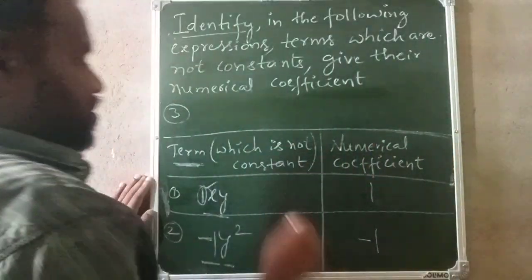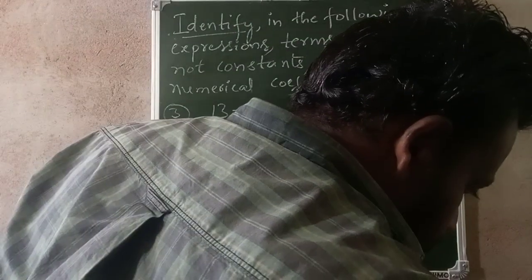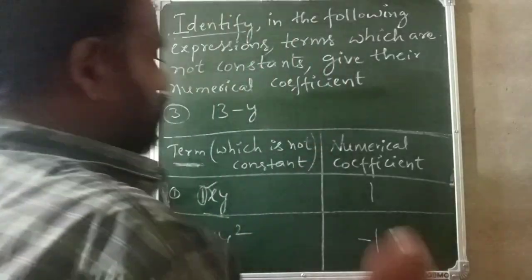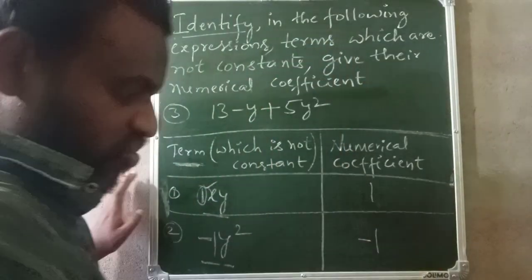Third example is this: 13 minus y plus 5y square.